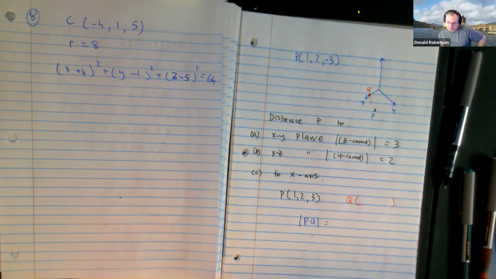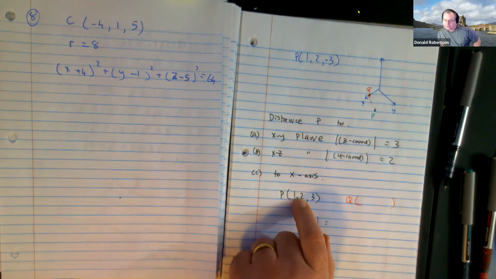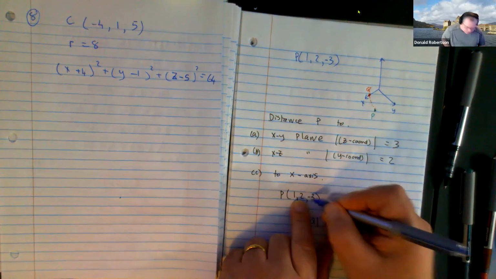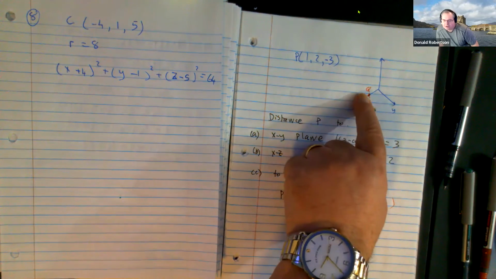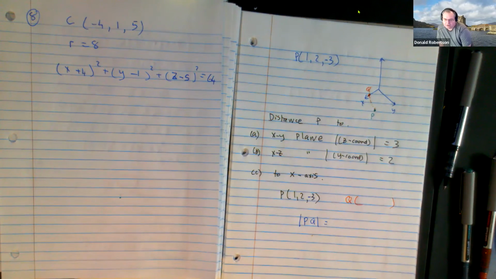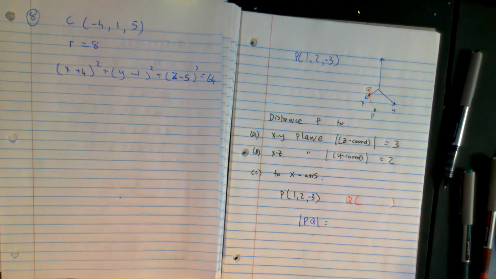What would be the coordinates on the x-axis for the point that's closest to 1, 2, -3? What are the coordinates of this point Q on the x-axis? 0, 2, -3.